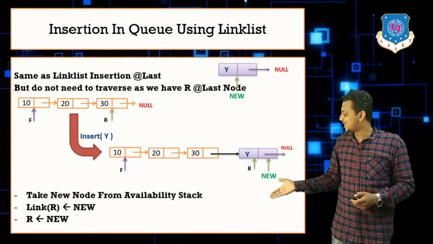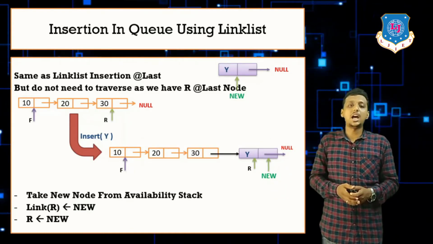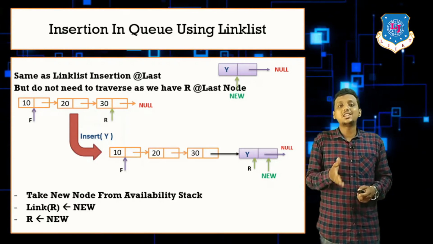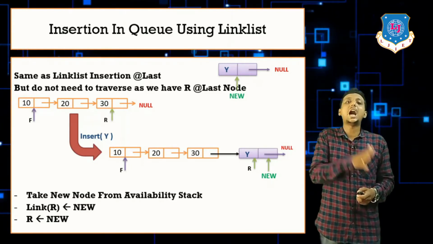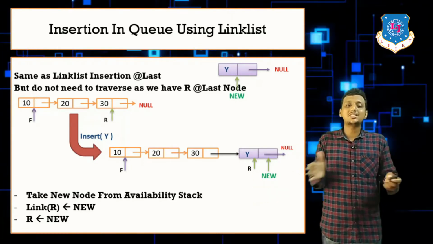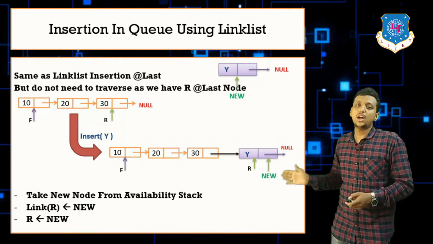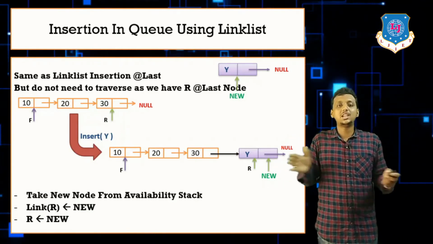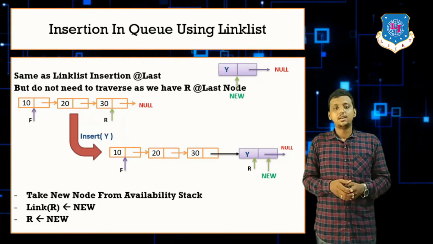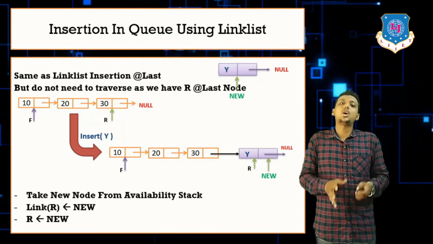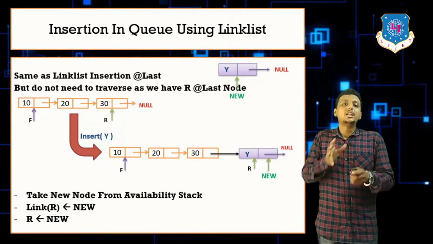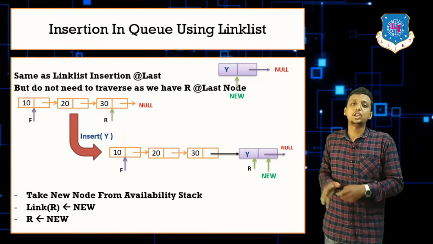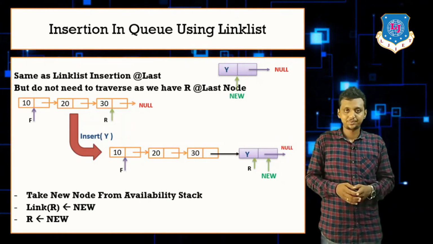So this is my last step, that is R arrow link of R. Instead of that, you can also write R arrow new. Both are the same thing. R arrow link of R or R arrow new. Fine. So students, this is how you can perform the insertion operation in simple queue by using linked list.